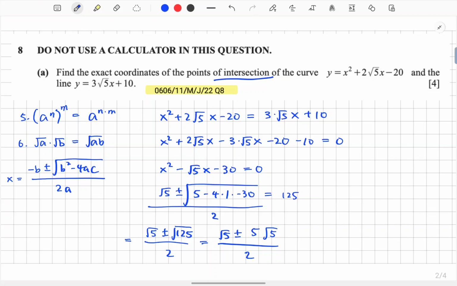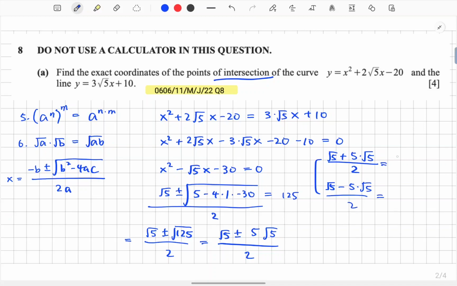Now we'll have two solutions because we're performing both plus and minus. The first one is root 5 plus 5 times root 5 all over 2. The second one is root 5 minus 5 times root 5 all over 2.